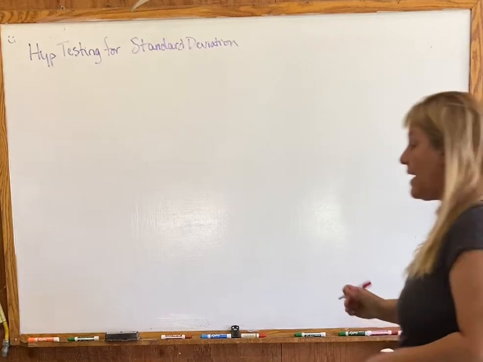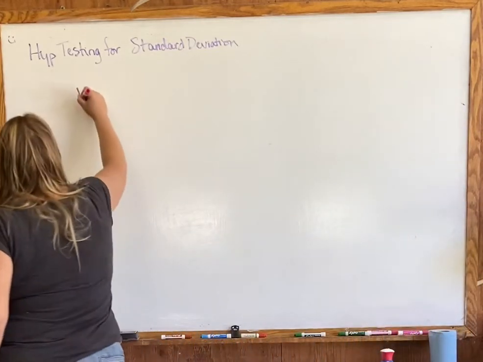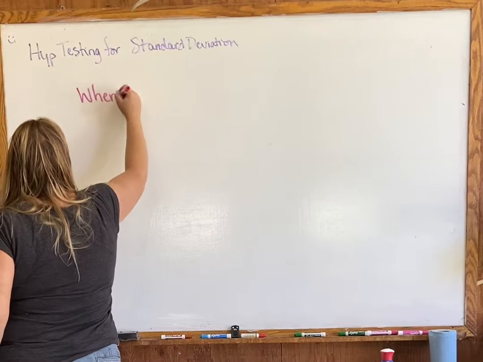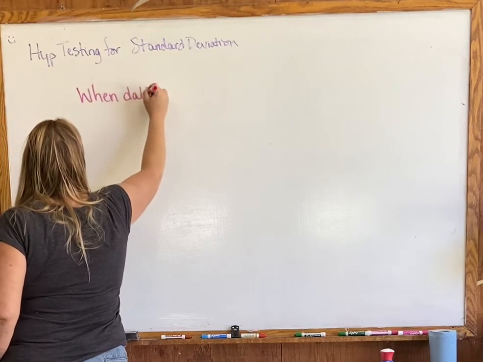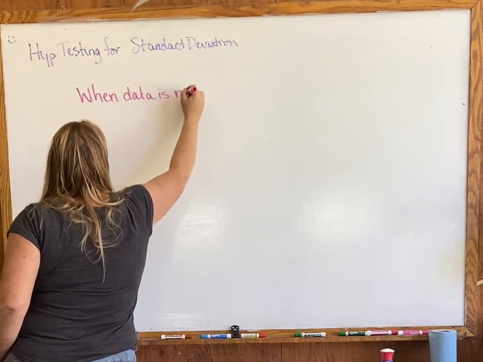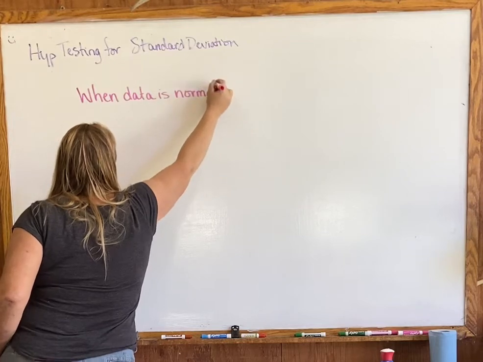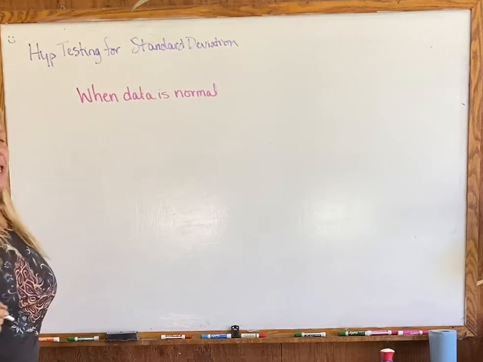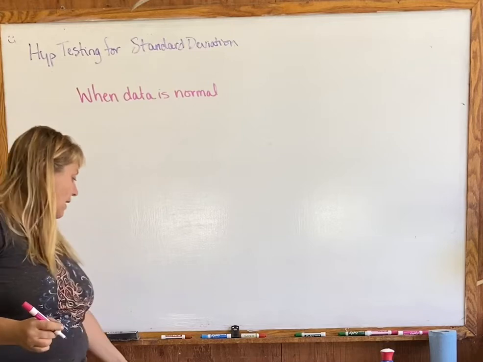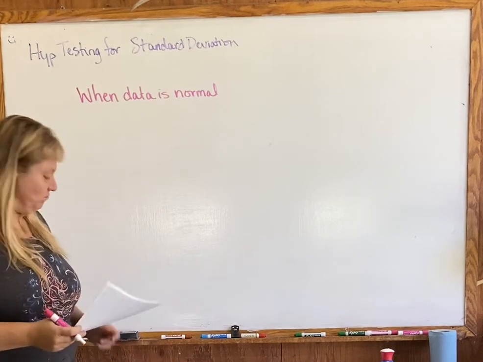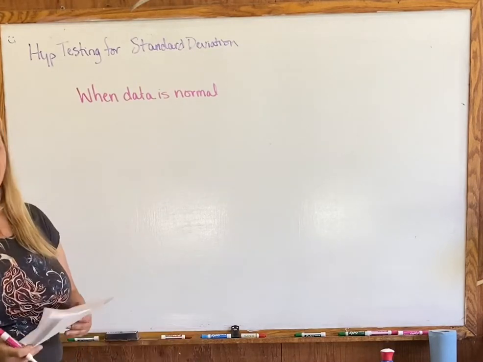Now, when the data is normal, we know that that means that the mean has a bell-shaped curve, but that's not what we're interested in here.